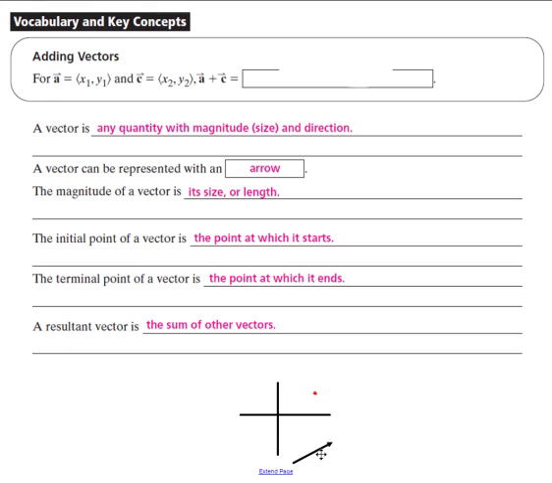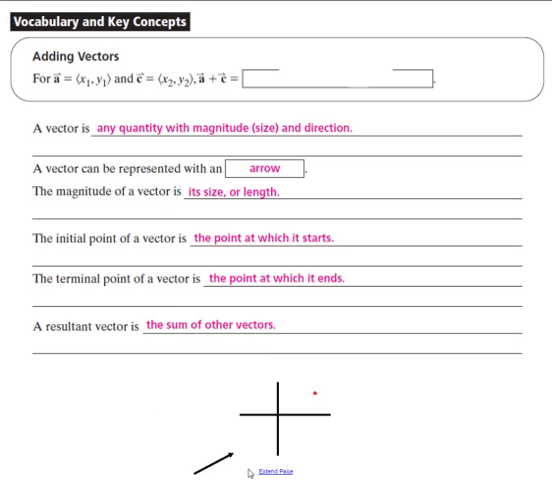But we could also move it down here, and the vector would still be described as 3, 2, because all that 3 and 2 describes is the length along this edge here and the length along this edge here, if we were to look at it almost as the hypotenuse of a triangle, which we'll get more into later. So for the time being, just realize that the vector being described as x and y coordinates really just gives us this magnitude and direction, but that doesn't mean that our vector must start here.